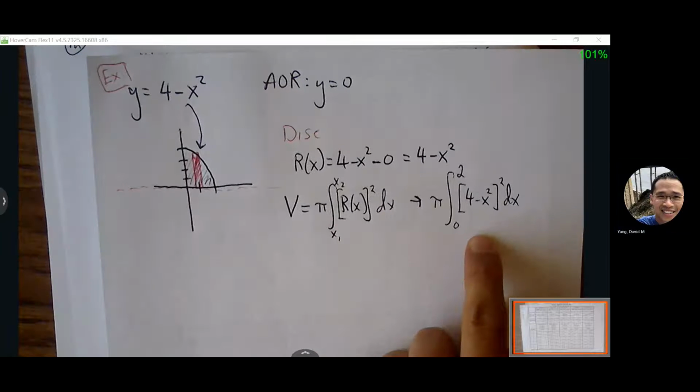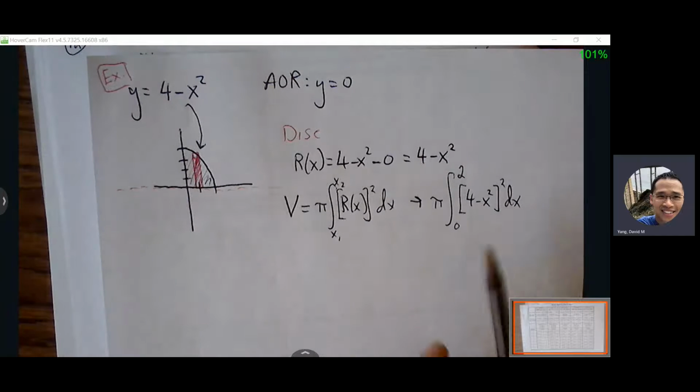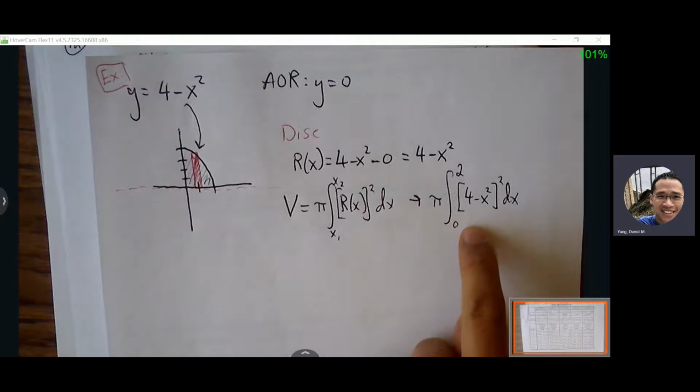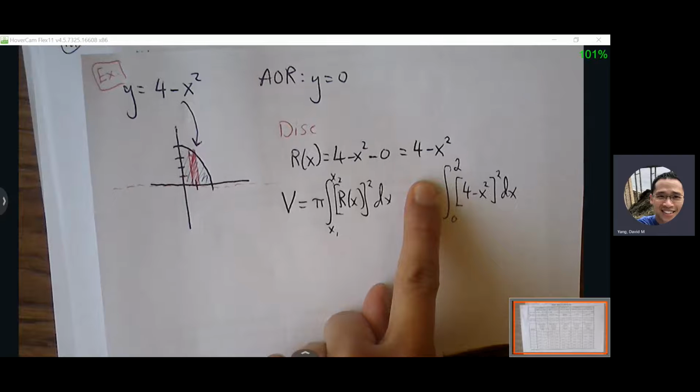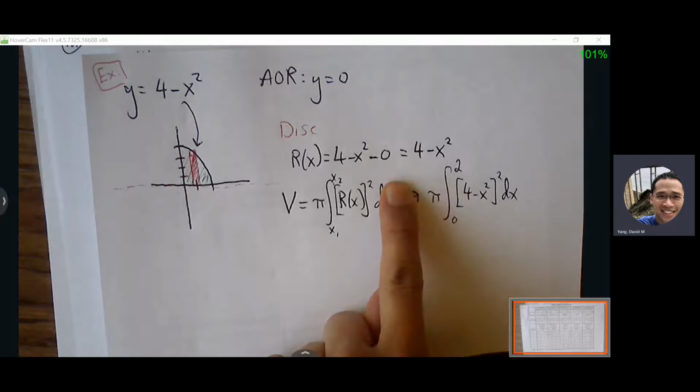Typically, if it's on the AP exam, they'll just ask you to do the setup, or if they ask you for the answer, you can plug this in the calculator. Make sure you leave pi out of your calculator. You just enter that in, and then you just attach pi to whatever numeric answer you get.